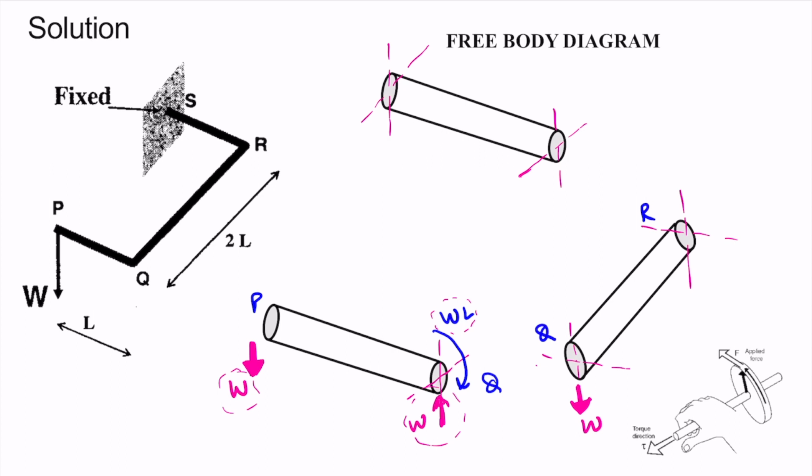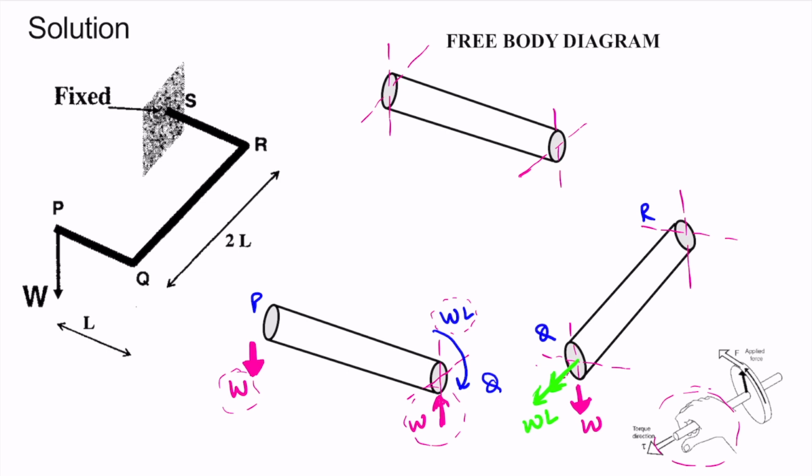This WL is bending moment for the member PQ, but it will become a twisting moment for member QR. So it will be a twisting moment in anti-clockwise direction. According to the right hand thumb rule, the direction of the twisting moment will be outward to the cross section, and it will have a magnitude of WL.